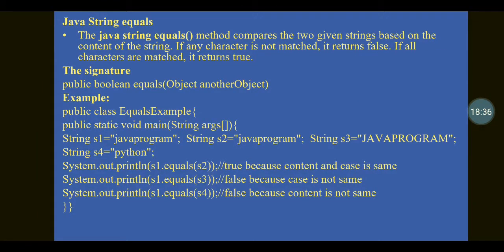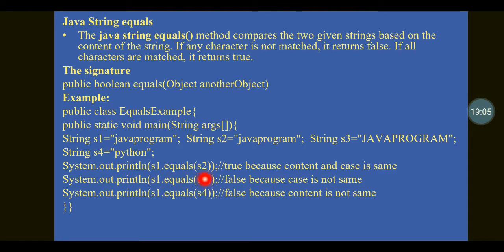So the next one, the equals() method. The equals() method is used to compare the two given strings based upon the content of the string. We already know that Java is a case sensitive language, so a lowercase letter differs from an uppercase one. Here String s1 = "Java program" and s2 is also "Java program", and s3 contains the same content, Java program, but here the case is uppercase, and s4 contains Python.